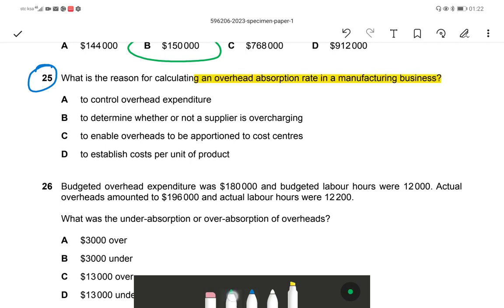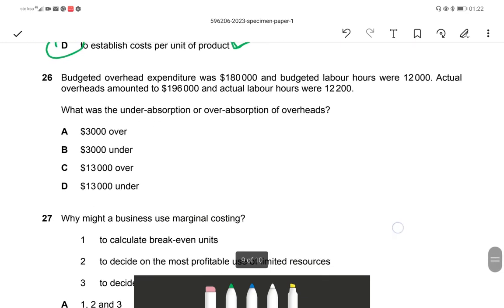First one, to control overhead expenditure, no. To determine whether or not a supplier is overcharging, no. To enable overheads to be apportioned to cost centers? No. To establish cost per unit of product. This is the perfect answer, to find the cost per unit of the product. Option D is the correct answer.